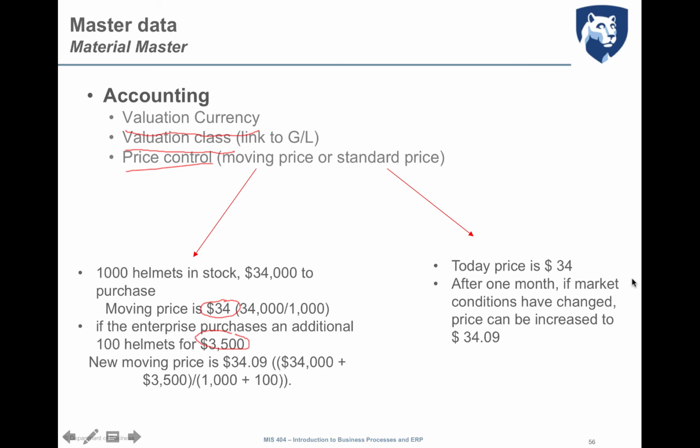After 1 month, for example, if we decide that 1 month is the period which is relevant for our analysis, if market conditions have changed, the price can be increased to 35.09. Otherwise, it will be kept at the actual level of 35.